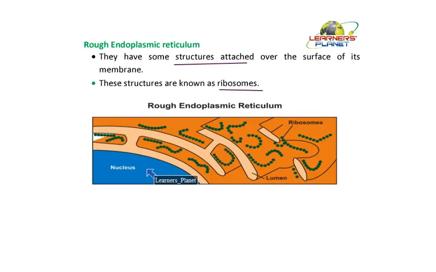This DNA will form RNA in the nucleus itself. Now this RNA will be transported to the endoplasmic reticulum, and then here it will get attached with these round structures, that is ribosomes. So the RNA is transported from the nucleus to the endoplasmic reticulum, and in the endoplasmic reticulum the ribosome will get attached and detached with the RNA.